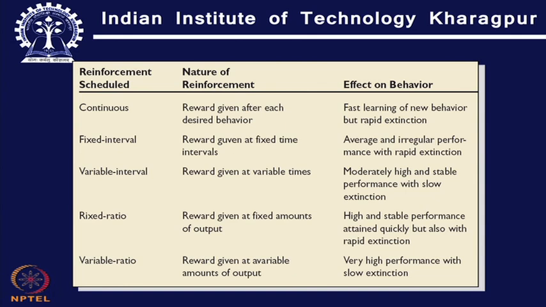When the reinforcement schedule is continuous in nature, what is the nature of reinforcement? Reward is given after each desired behavior. The effect on behavior is fast learning of new behavior, but rapid extinction.